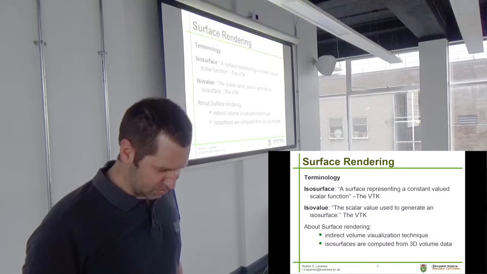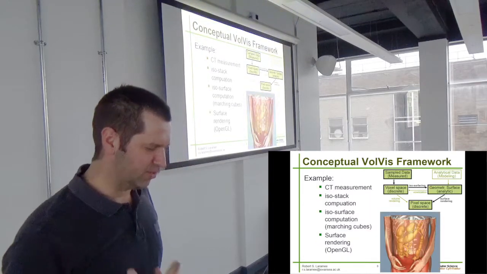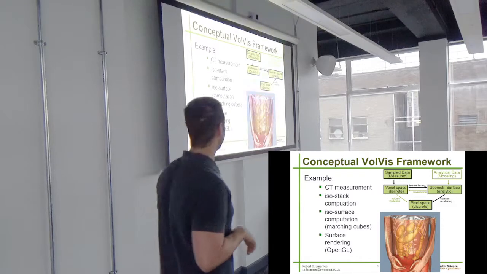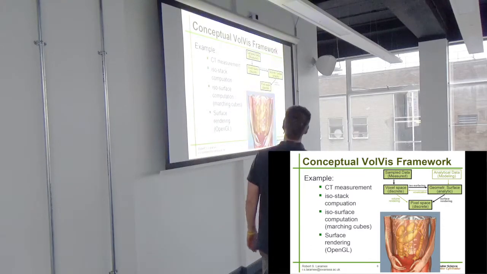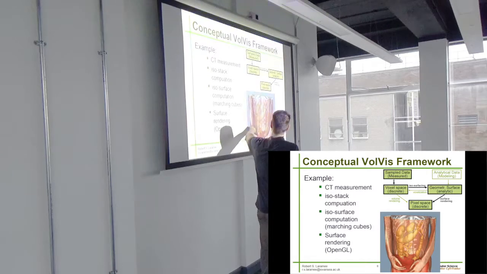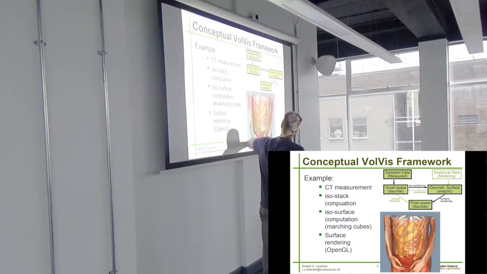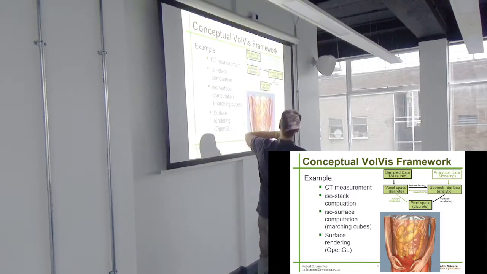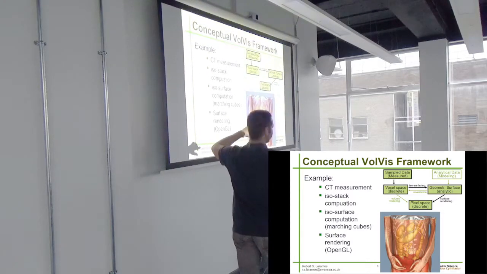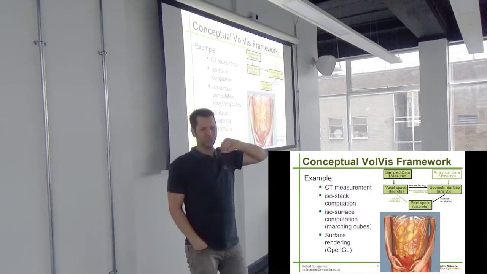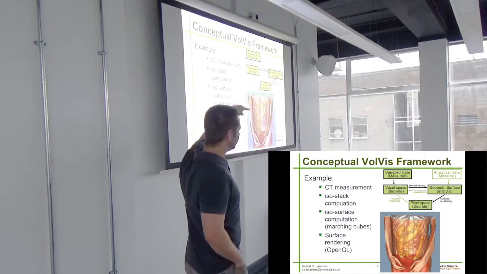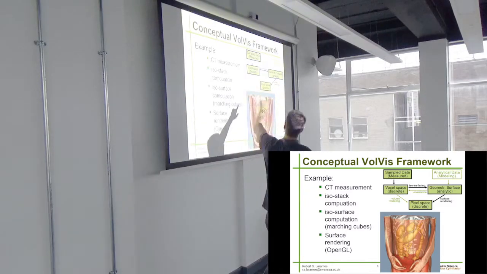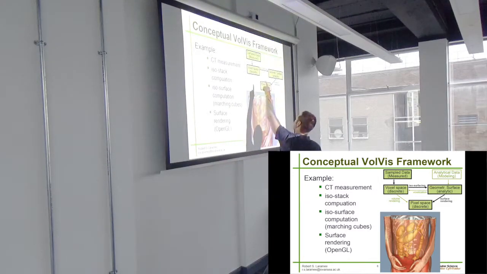Okay, so those are two very important terms, and we've already seen isosurfaces. Here are some isosurfaces, one representing the skin, another representing the surface of the bones, another representing soft tissue, and so on. And if we go back to the volume visualization pipeline, this is what we're traversing, the different stages. We start with sample data. We represent it using a set of boxes or cells.